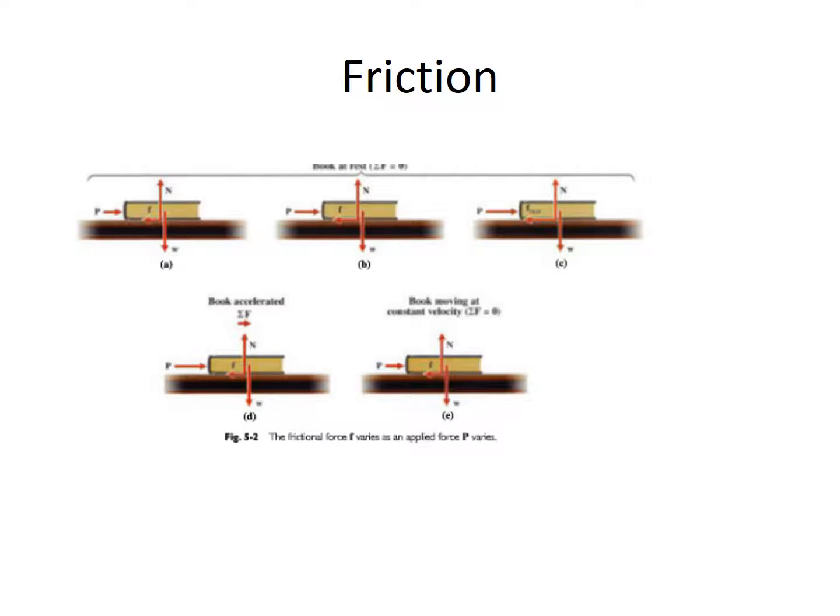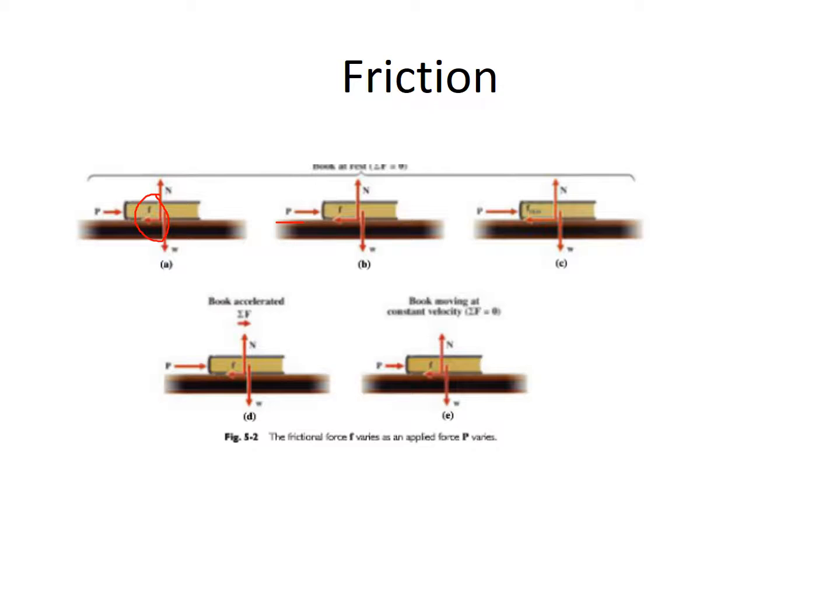So, this is where Chapter 5, Section 1 comes into play, and we start looking at frictional forces and how they are calculated. This diagram on the top shows the book in equilibrium, and the force F, as it does in the previous picture, points leftward in order to counteract the push to the right.